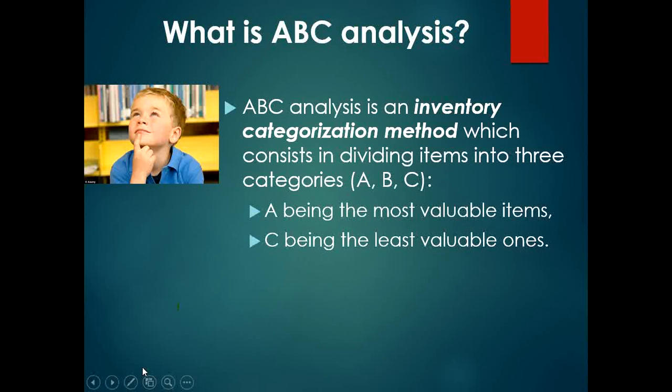All the materials or inventories or items which are available on the site are divided into three categories, that is A, B and C. So by categorization, A being the most valuable or costly items are categorized into A category, and C being the least valuable ones.